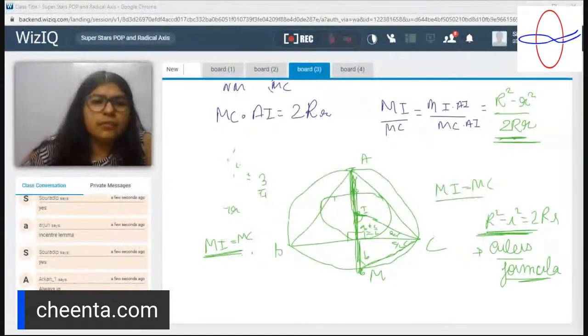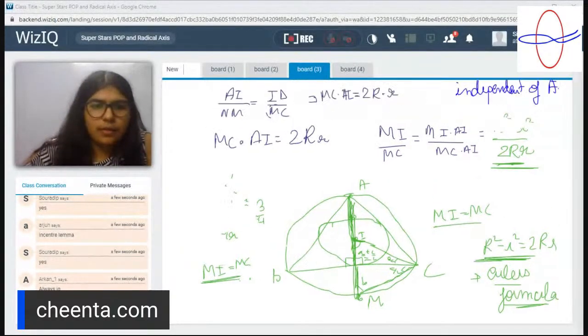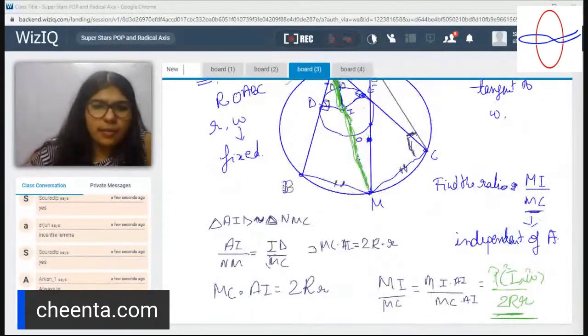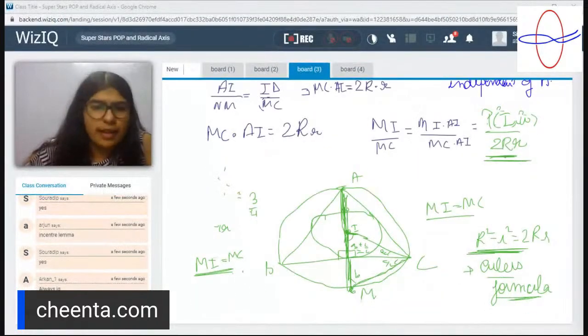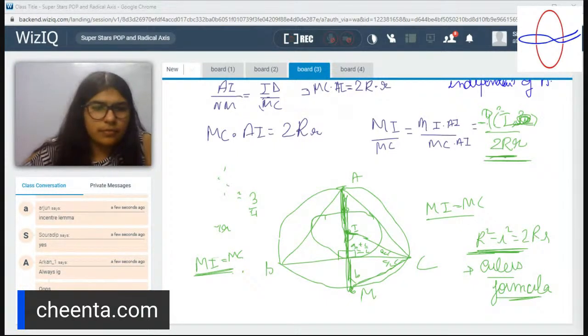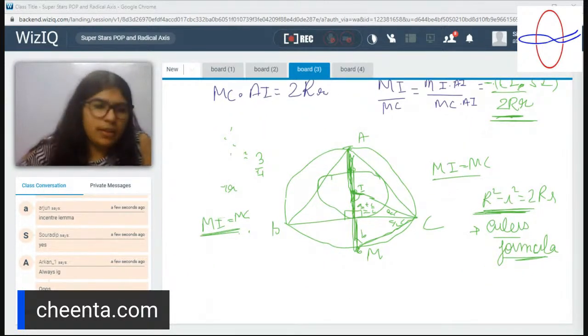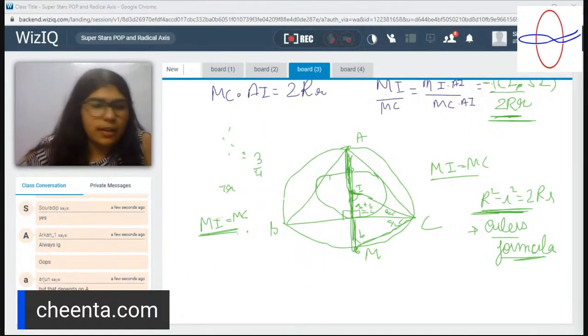Oh right, this is not exactly R square minus r square. This is the power of point of I with respect to omega. I did this in a random place, it will become R square minus r square, but it's not like that. It's the power of point of I with respect to circle ABC. That's what I was thinking. Now, in a random triangle this will happen, but not in an equilateral triangle.